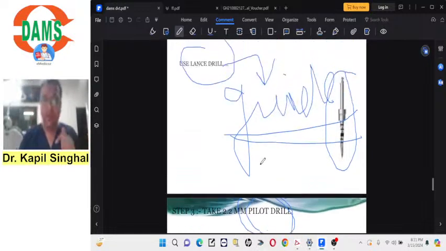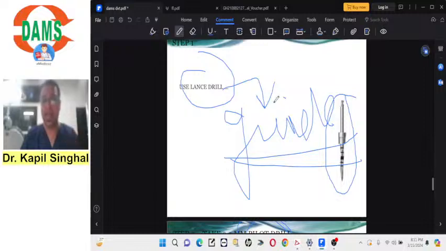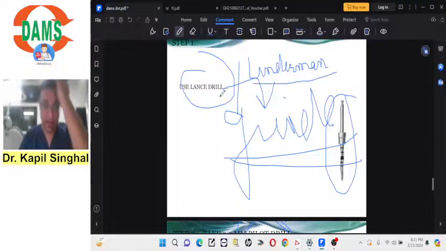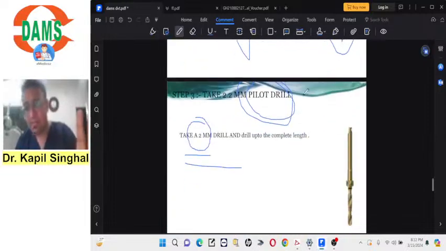But if you have the options guide drill or lens drill, which is also known as a Linderman drill, these are one and the same: lens drill, Linderman drill and guide drill. These are the first drill. If none of these is in the options, then my best answer would be pilot drill. So ideally the pilot drill is your second drill and the diameter of the pilot drill is 2 millimeters.